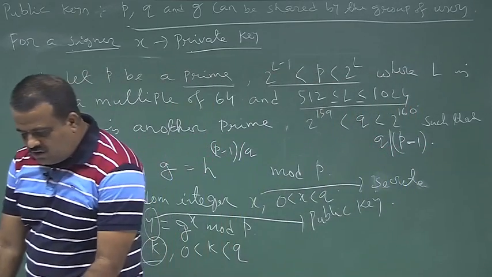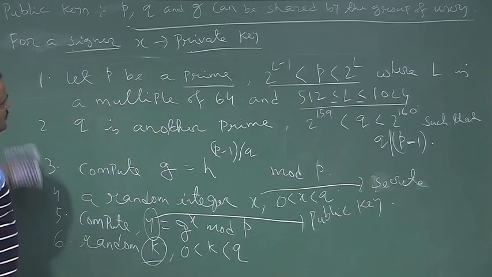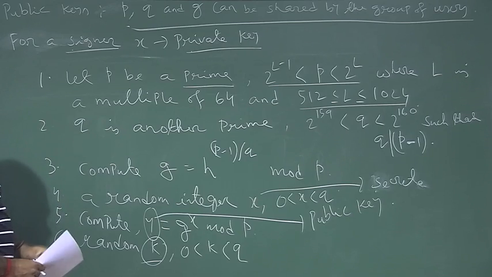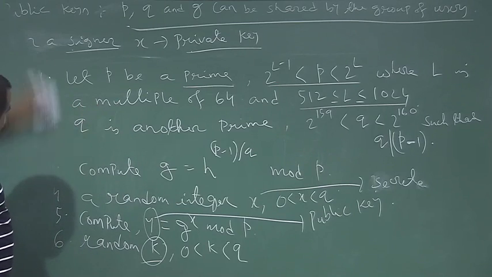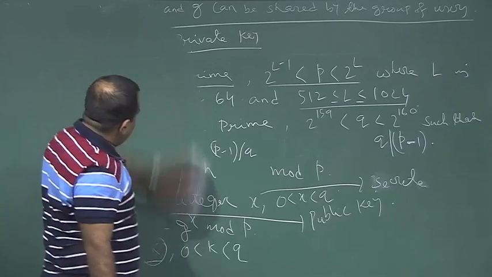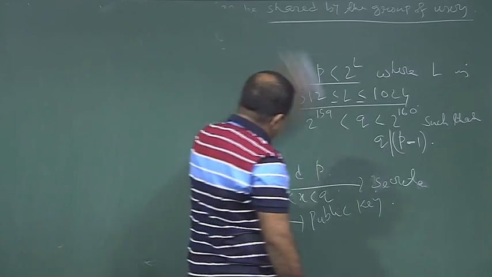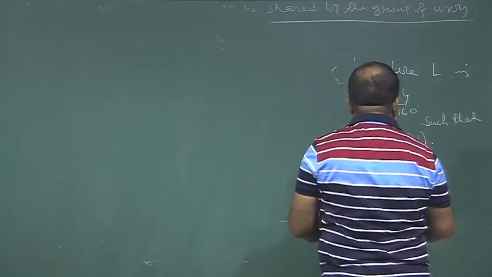Now, let us talk about the signature. Using these parameters, suppose Alice wants to send a message. So, this is the standard parameter set we will use for this digital signature standard. Now, how to sign a message using this parameter setup?